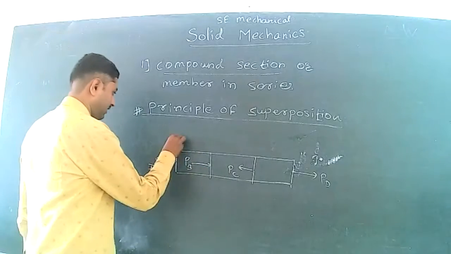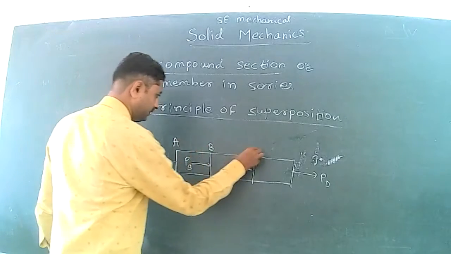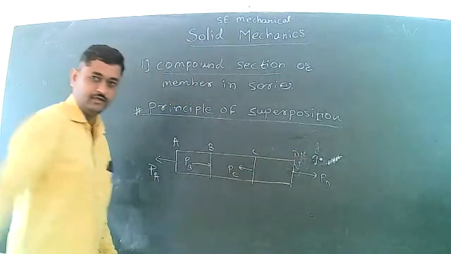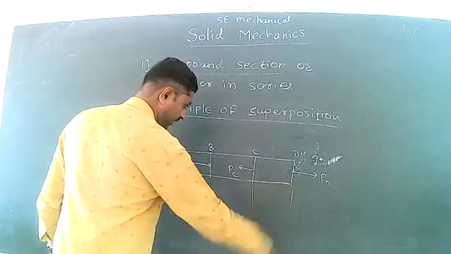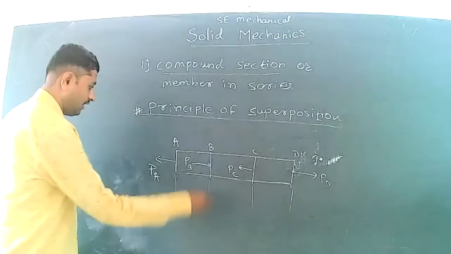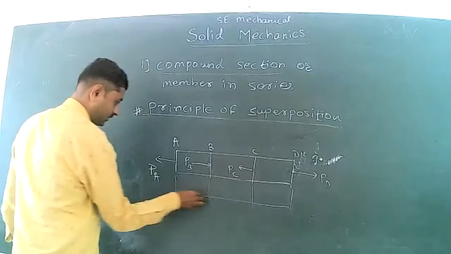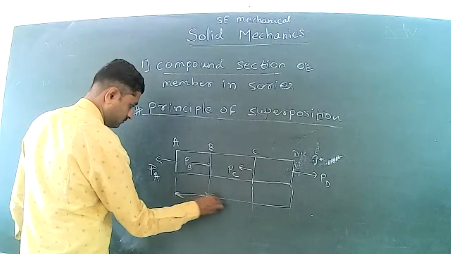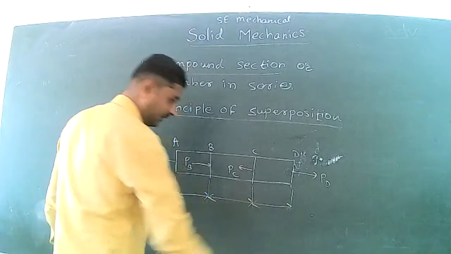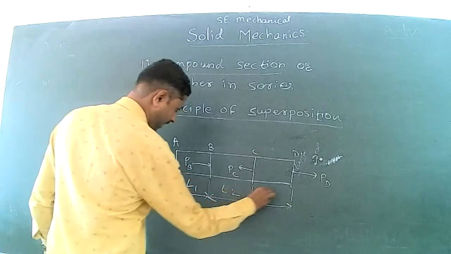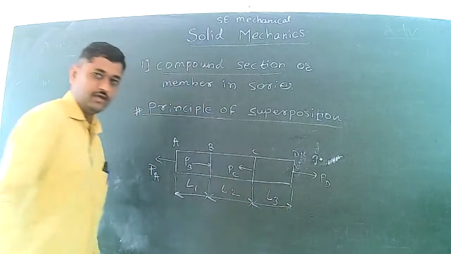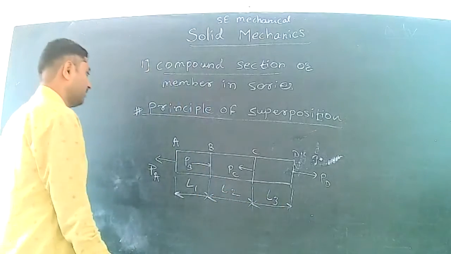A, B, C, D are the four points. L1, L2, L3 are the lengths of the members.